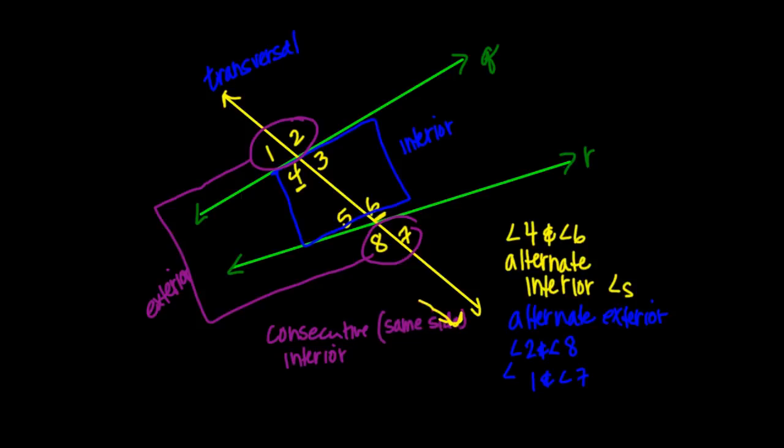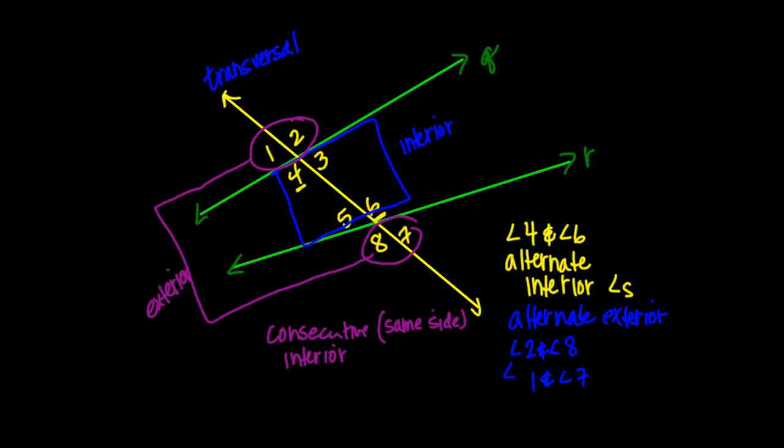How those other ones were alternating the transversal, these are now on the same side of the transversal. So, same side interior, angle 3 and angle 6. Can you find two more that would be same side interior? 3 and 6, and exactly 4 and 5. Good job. So same side interior or consecutive interior: angles 3 and 6, 4 and 5.